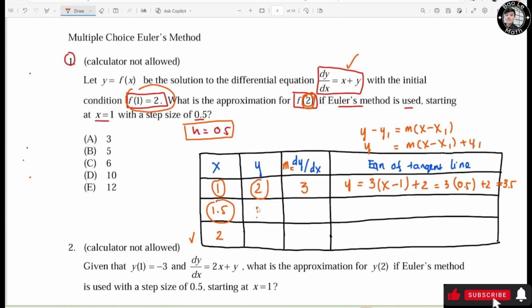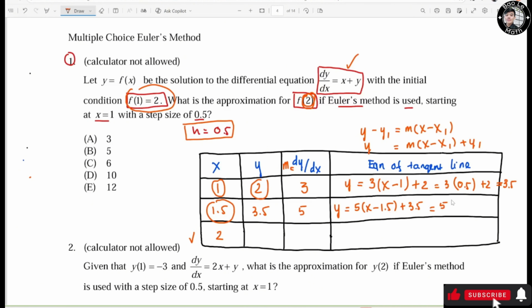So right here I just put 3.5. Now the new slope is 1.5 plus 3.5 is going to be 5, right? Equation of the tangent line y equals 5 times x minus x1 is 1.5 plus y1 is going to be 3.5, right?